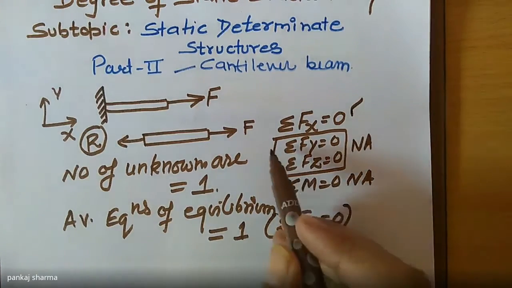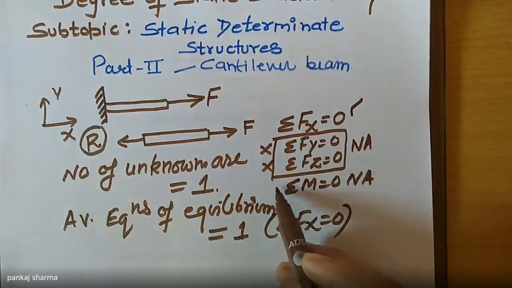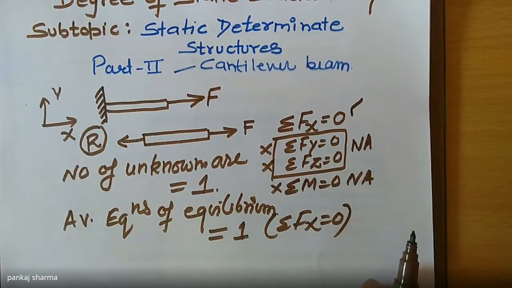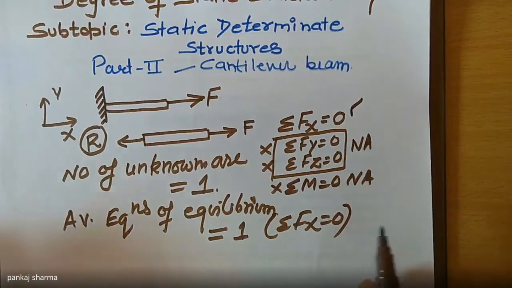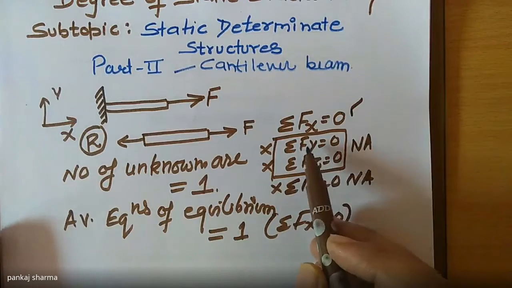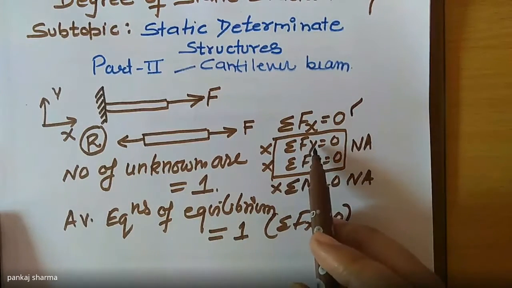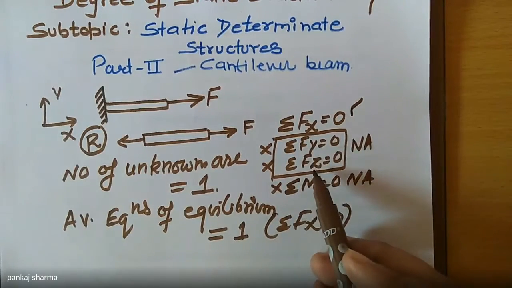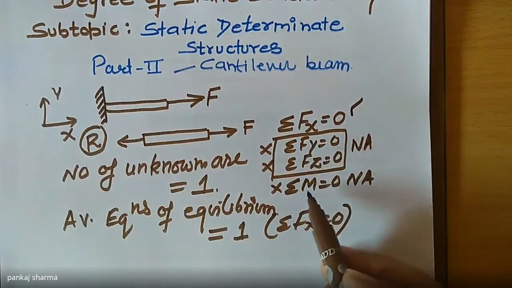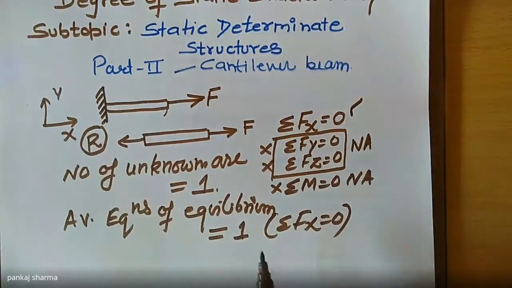I am again saying Fy equal to 0, Fz equal to 0 and net moment, all three are not useful because there is no reaction force or external force along the Y direction, along the Z direction, or any moment present throughout the beam.